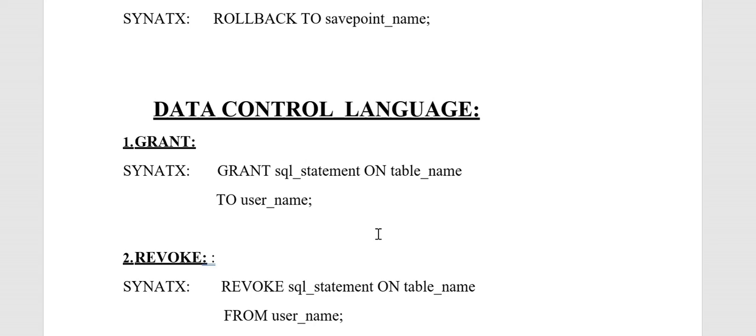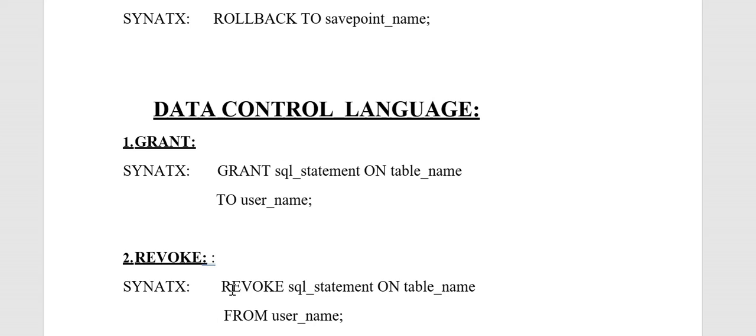So the statement is nothing but grant select on employees. On which table you want to give permission, like that. And to which user you want to give, you can mention the username here.